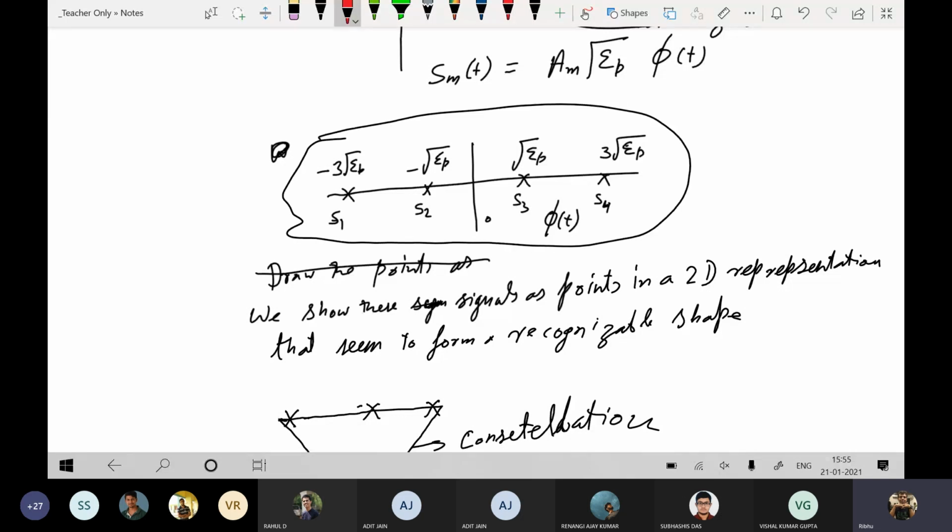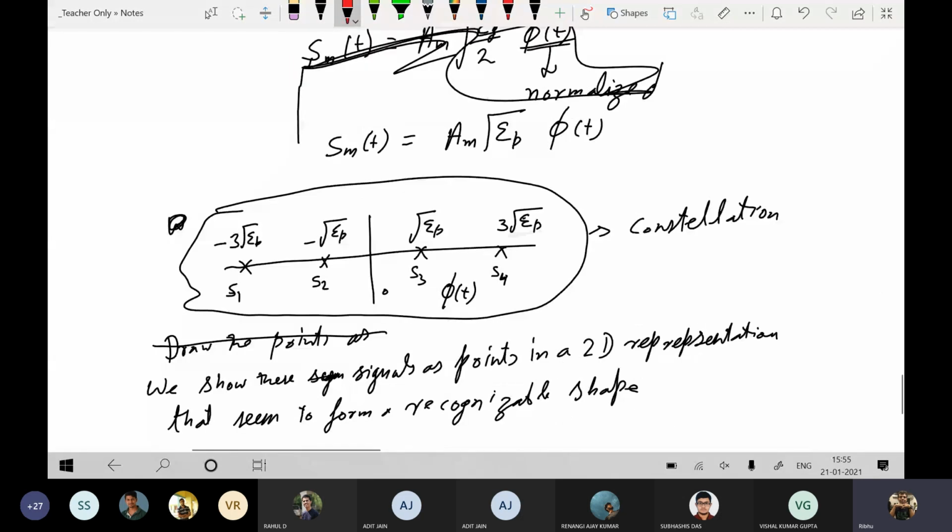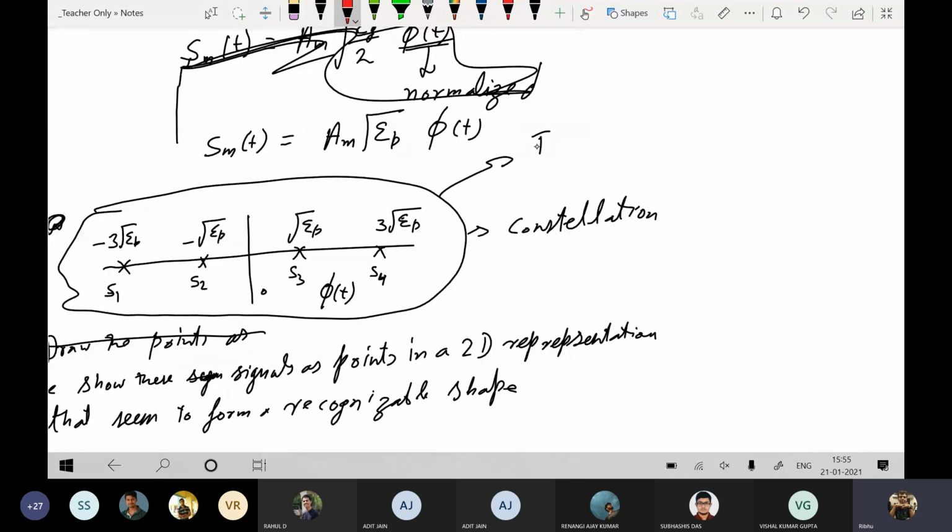This form of representing the signals is also called a constellation. And the distance between 2 points in this constellation is also important. In this case, d_mn equals root over the 2 norm of s_m minus s_n.